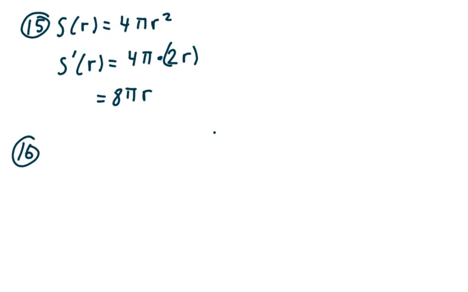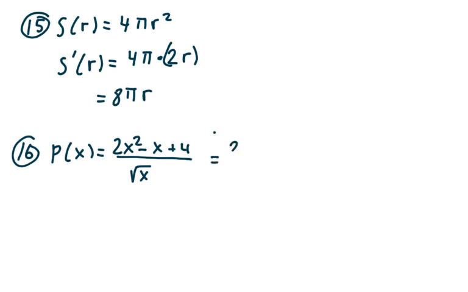So we get p of x is 2x squared minus x plus 4 divided by square root of x, which is 2x squared divided by, if you don't mind, I'm going to call that x to the 1/2, minus x to the first over x to the half, plus 4 over x to the 1/2.